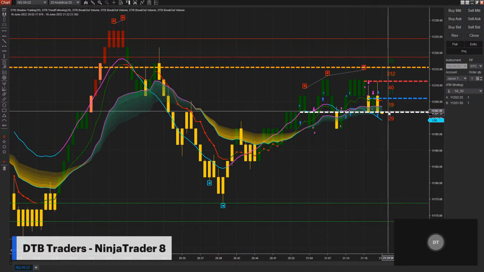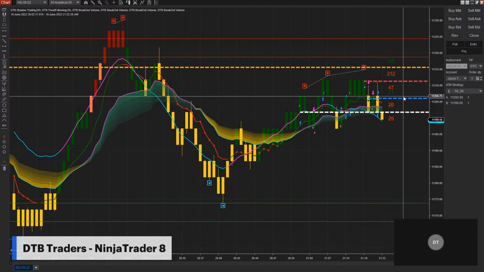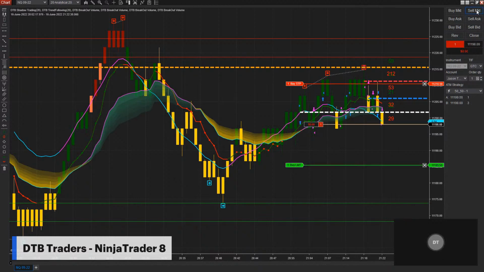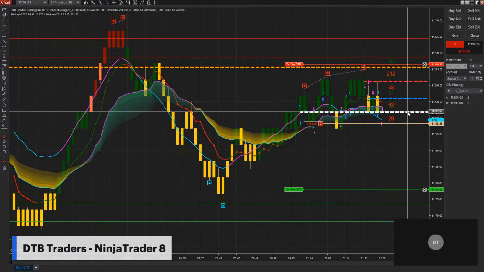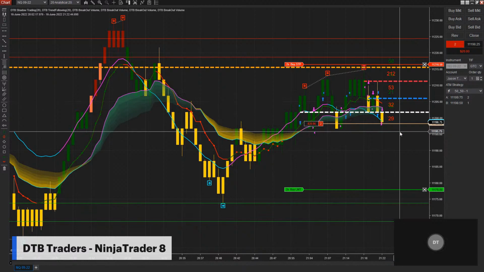So right here, we've got the sellers in control. I'm actually going to be entering the market over here. We've got 3 markers or 4 markers in play. Okay, we've got a few things going for us. This is a very good indication that the price is more than likely to be going down based on quite a few things.